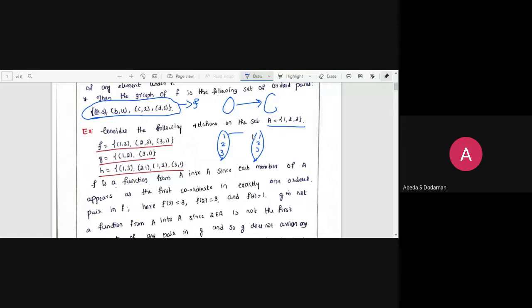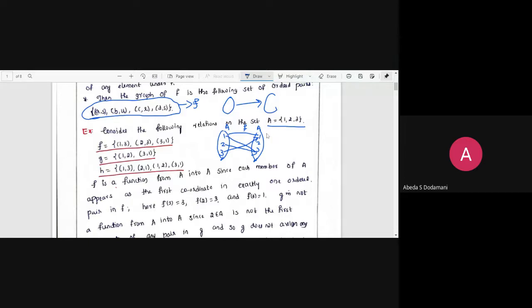It is a function from A to A, or you can say a relation from A to A. They are saying that 1 is related to 3, so I will draw this. 2 is related to 3, so this is there. And 3 is related to 1. So there is a relation from A to A.